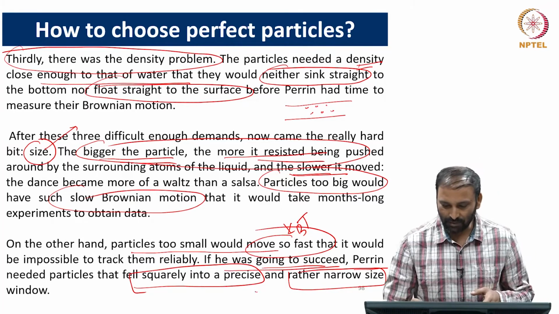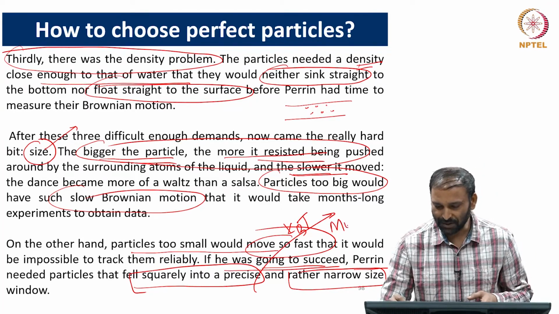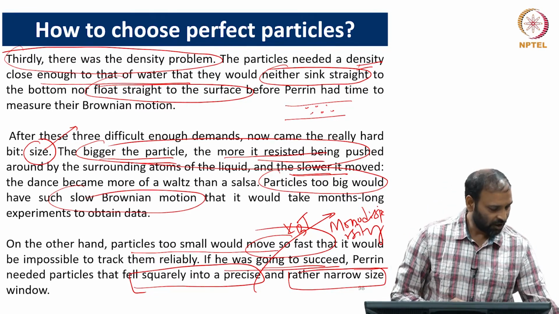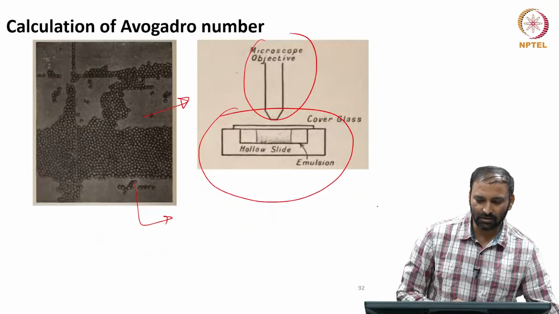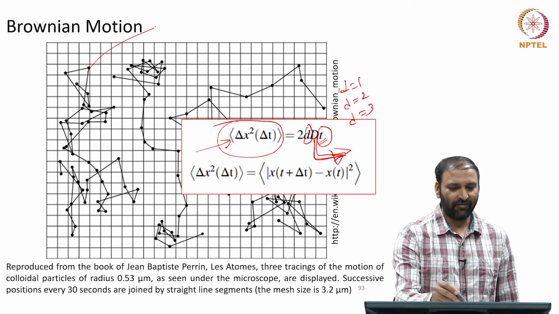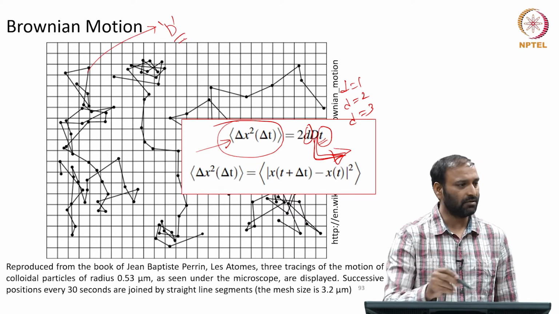Okay, and this again comes back to something that we have discussed, monodispersity, right. Okay, that means imagine that I have tracked these particles and I have measured the diffusion coefficient.